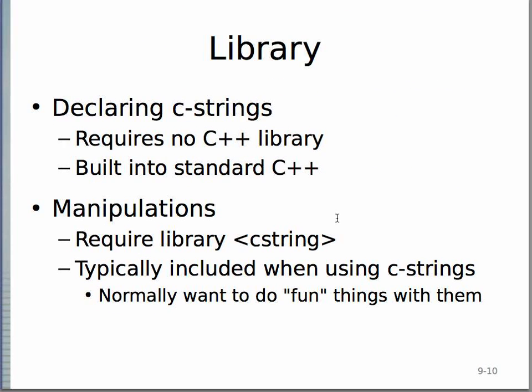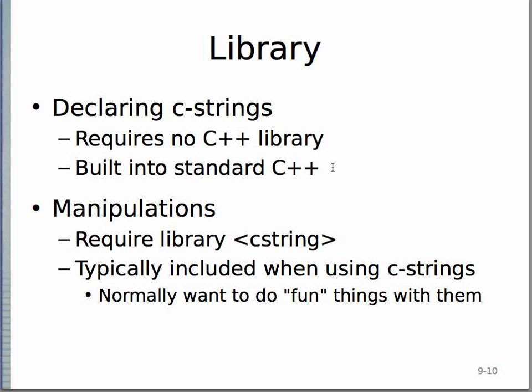Okay, move on to the thing that we really should use, which is, well, actually not right now, but you should use the new C++ standard library strings. But there's also a library for C strings. It does not require the more complicated C++ library. This is available in standard C++.